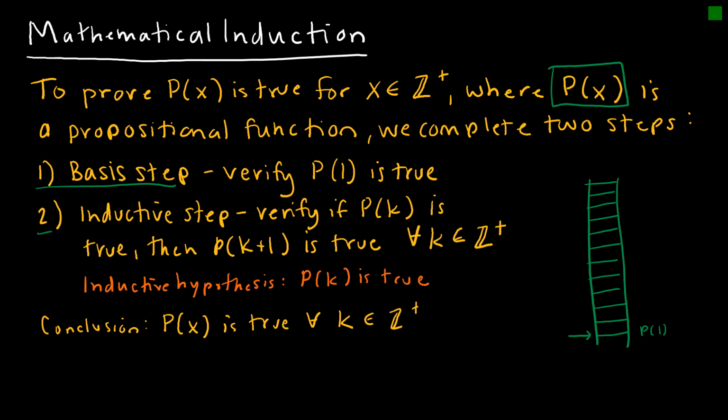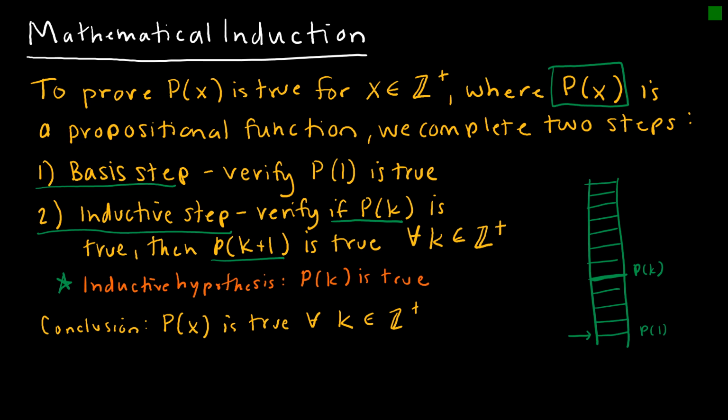Then our next step says, verify that if P of k is true, then P of k plus 1 is true for all k's. And what that means is we're going to write an inductive hypothesis that says, this is P of k, and we're going to assume it's true.